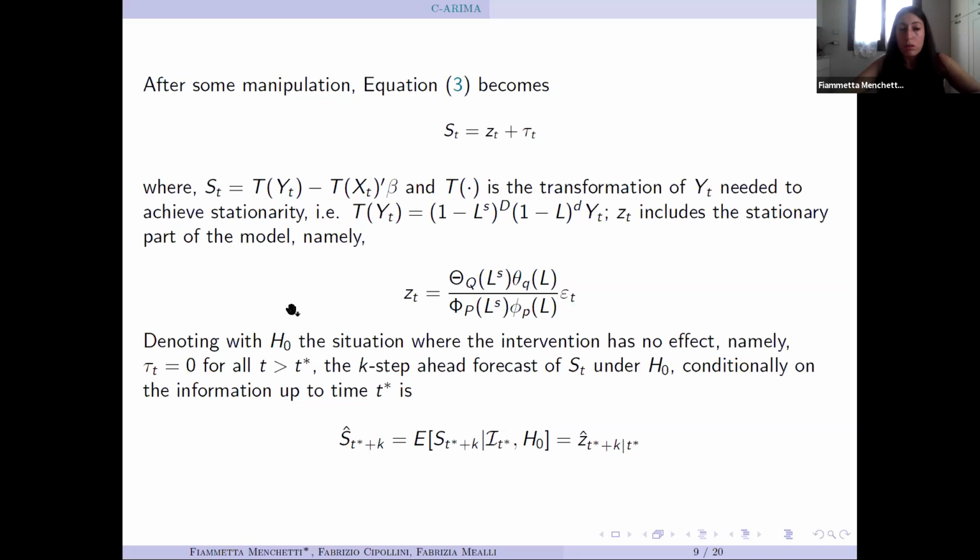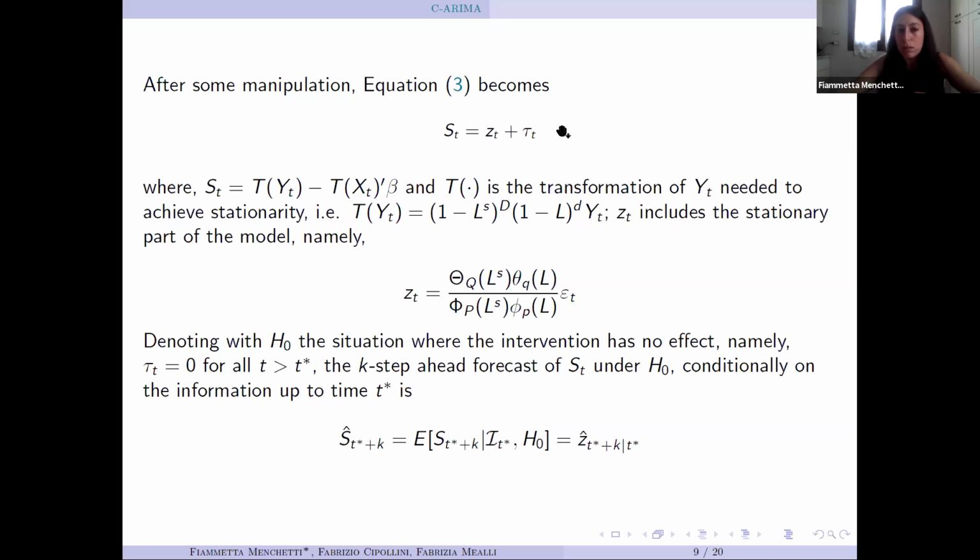Now we can denote with H0 the null hypothesis under which the intervention has no effect, so tau is 0, not only in the pre-intervention period but even in the post-intervention period. Then we can define the expectation of S_{t+k} conditionally on the past information set and under the null hypothesis, and we denote that as S-hat.